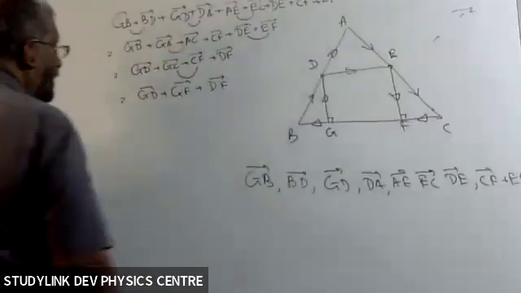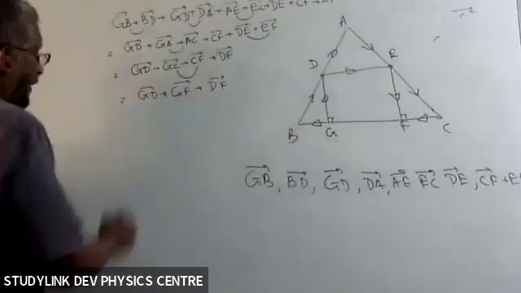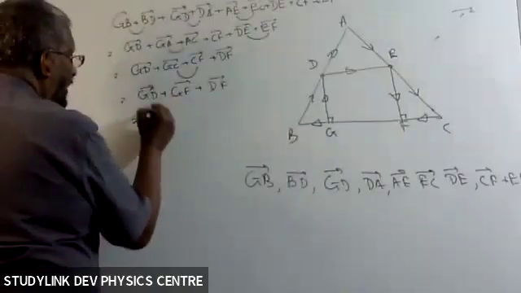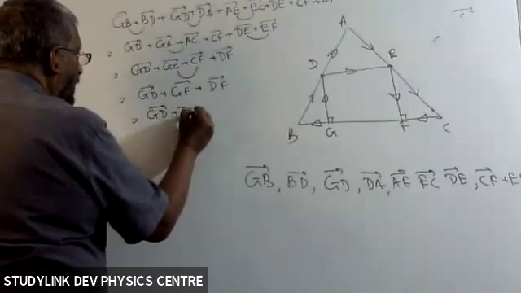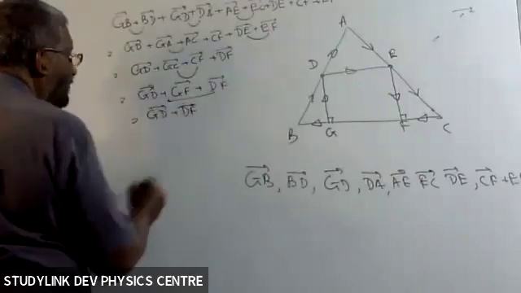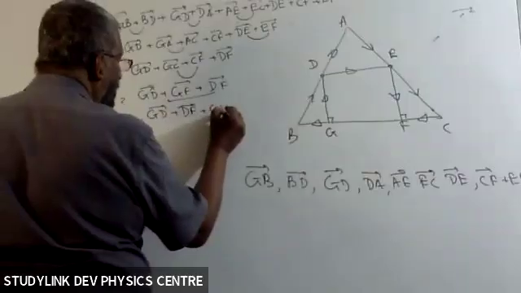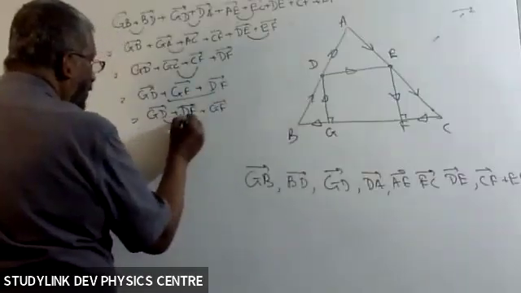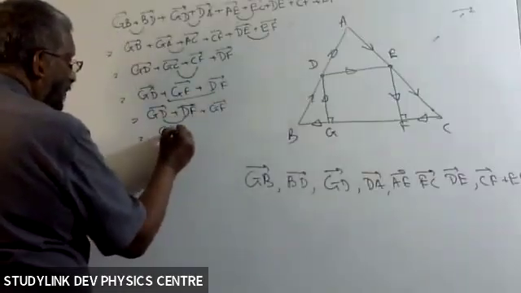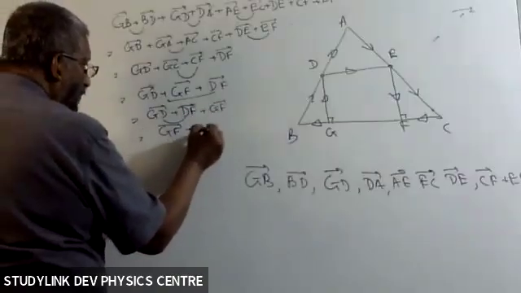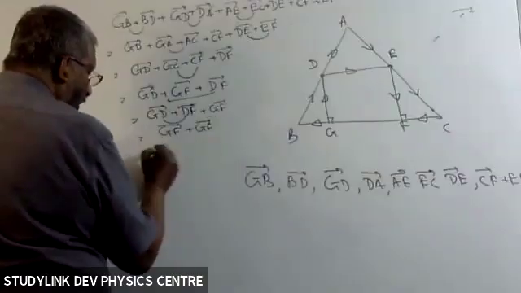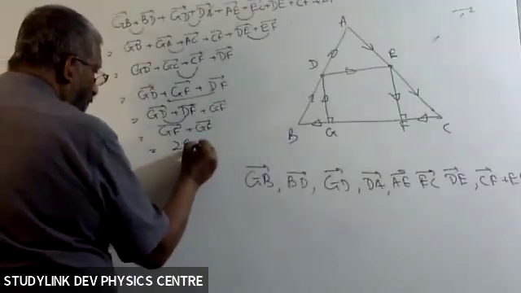Now we will arrange GD plus DF. I'll take DF here, then GF. Here you get GF. D is dropped, GF. Again GF. Then the answer is 2GF.